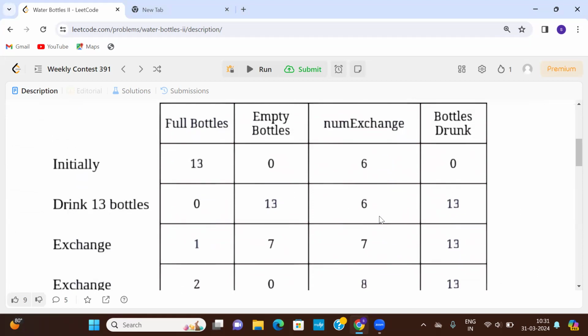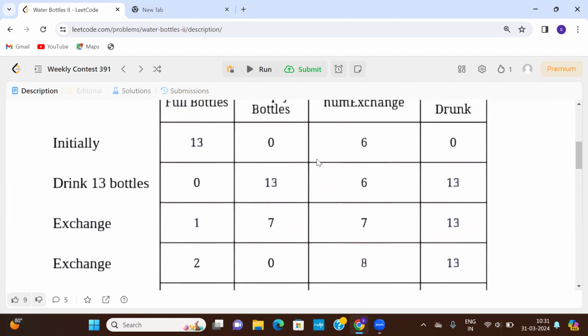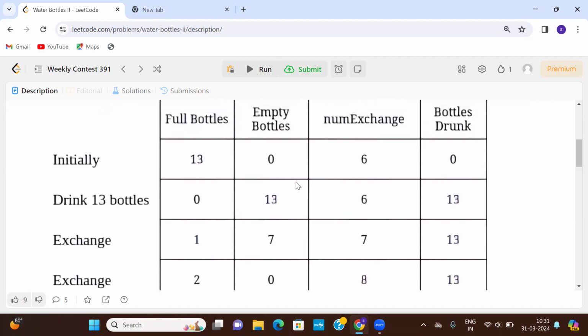Now we will exchange the empty bottles and we will get one full bottle. In place of 6 empty bottles, we will get one full bottle. So we have given 6 empty bottles. Now the remaining empty bottles are how much? 7. So one full bottle we have, 7 empty bottles we have.